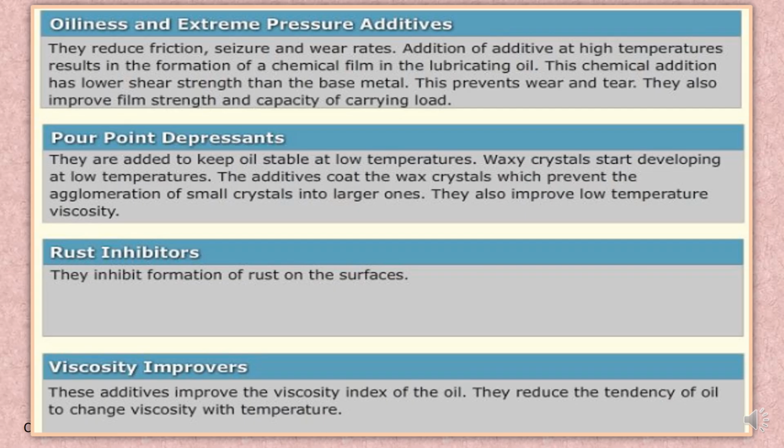Here in this picture, I have given you a quick reference, and all these extreme pressure additives, oiliness, pour point depressant, rust inhibitor, viscosity improver, all these properties are included in this picture. You can use it for your purpose or for quick review.